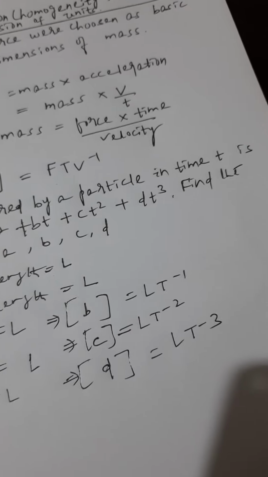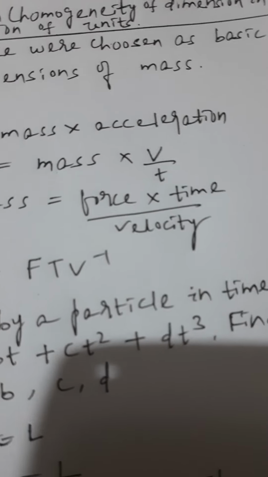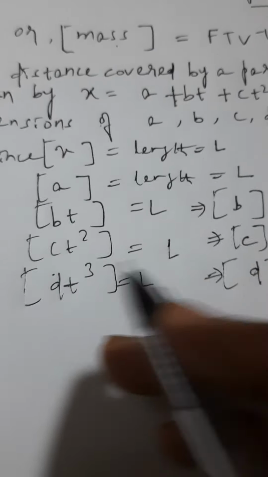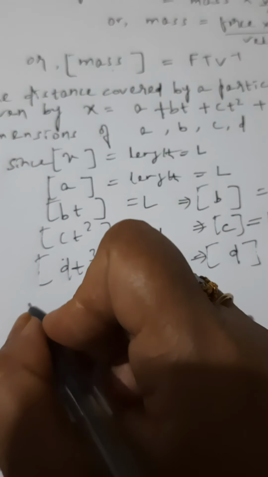So next we will discuss homogeneity of dimensions in an equation. It means the dimensions of all terms in an equation are the same. So let us check this.